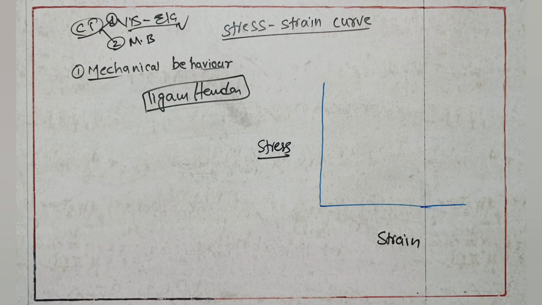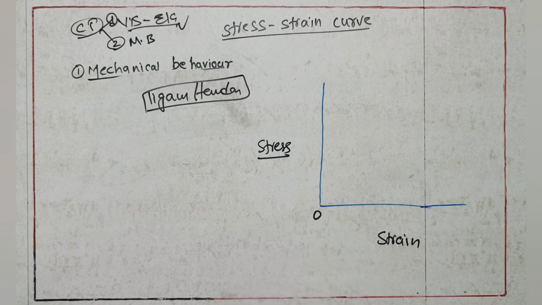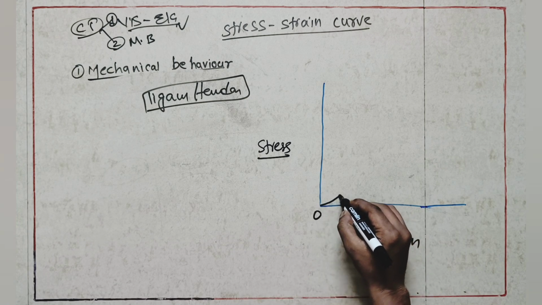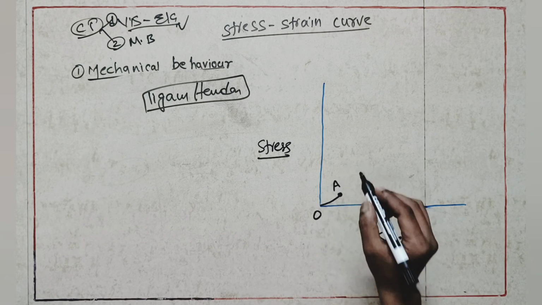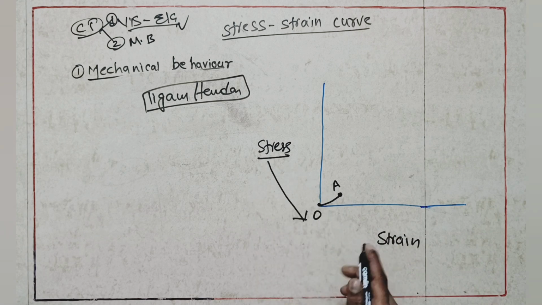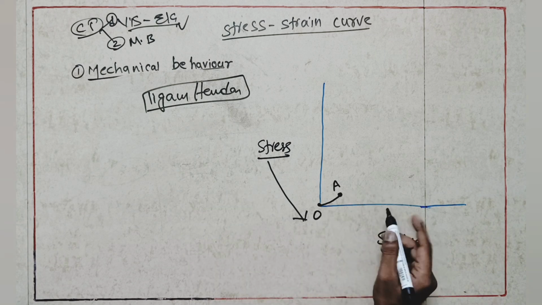So if we apply stress to the ligament, here I am keeping this point as 0. If we apply stress at the initial range, the tendon or ligament will deform.